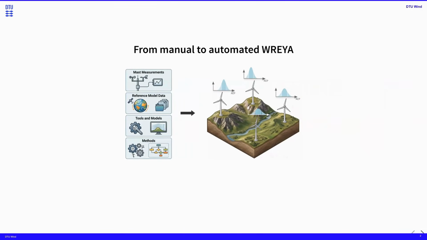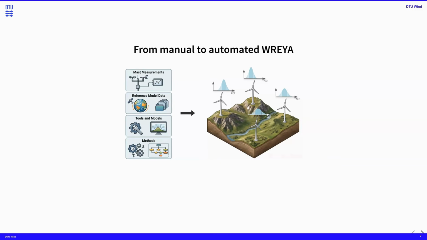So what's the problem? What are we aiming to do in this WREYA workflow? On the right here is just an illustration of some turbines we want to put up somewhere. What are we trying to estimate here? We're trying to estimate some AP number, some distribution actually of AP, our best estimate of the distribution of AP at the turbine locations, so we can make a good economic estimate and get a loan from a bank or whatever to do a wind project.